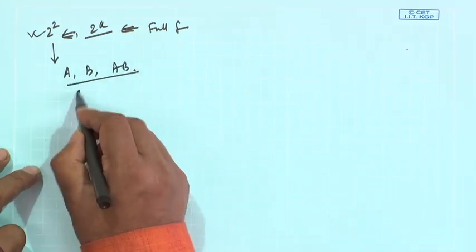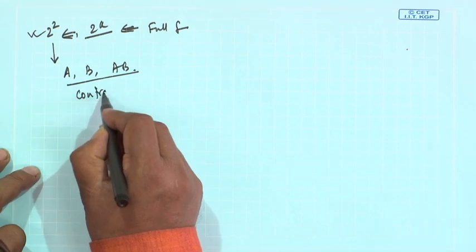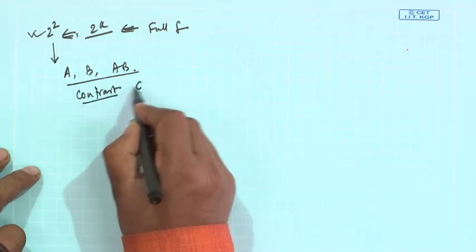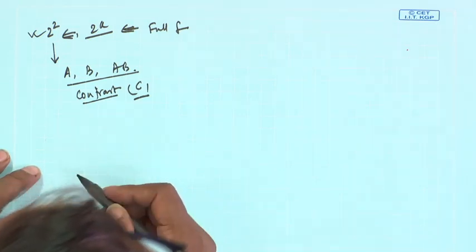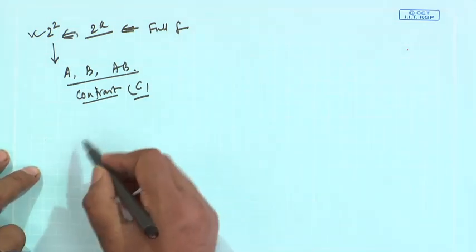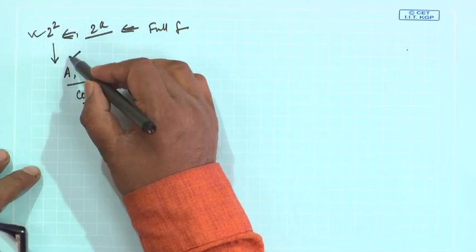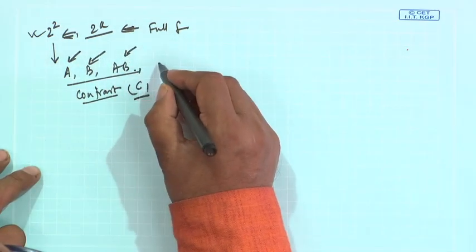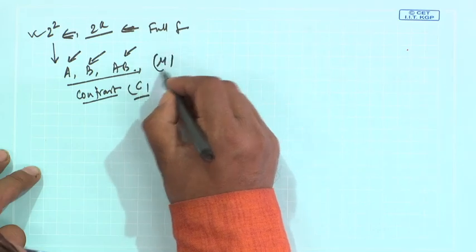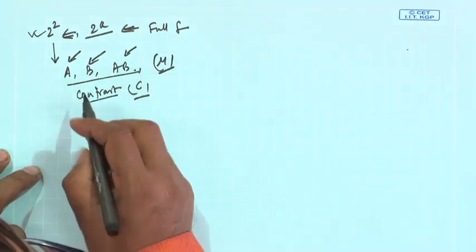We have seen another important thing called contrast, which we denote by C. Now you know how to compute A, B and AB. Also, I will tell you later how to compute mu, the grand mean.